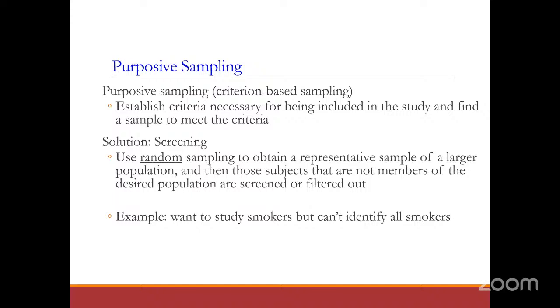Suppose we have 50 samples, we are not studying all 50, we can study 15 or 20 of them, depending on our purpose. So this is also a very famous kind of sampling.